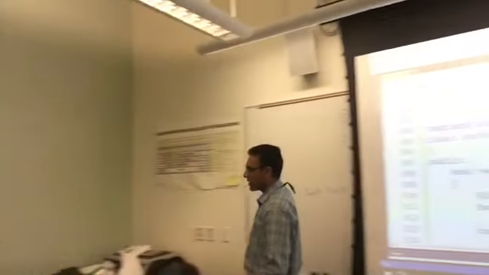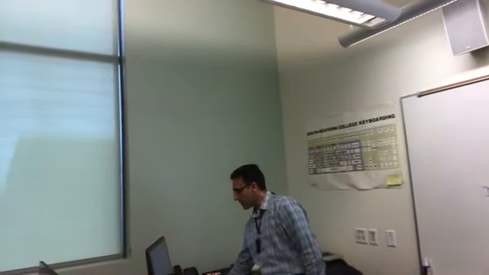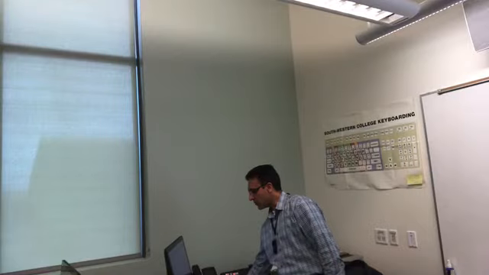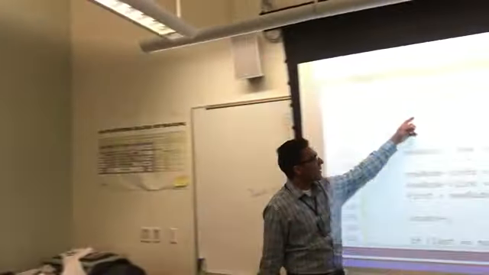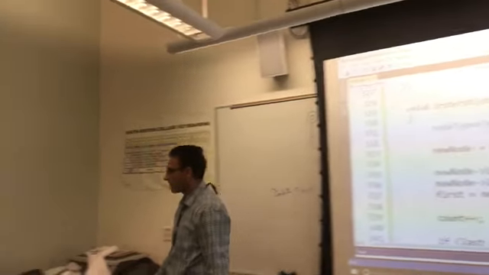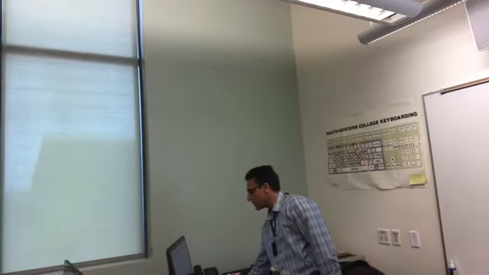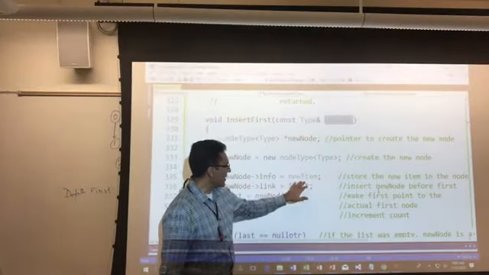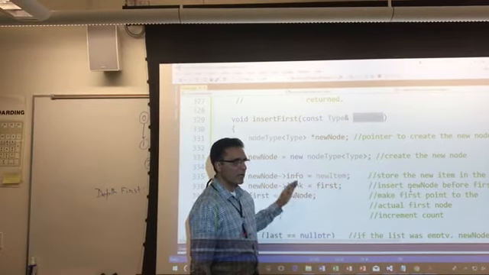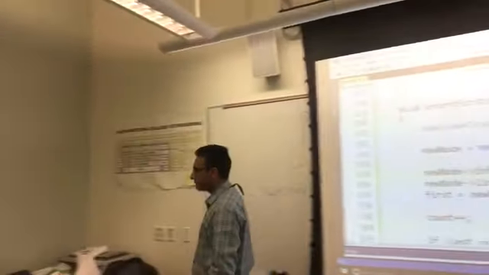All those basic functionalities are available. Just to show you, insert first is the same thing we have discussed in the past: the data comes in, assign the data to info, and go to the next link.